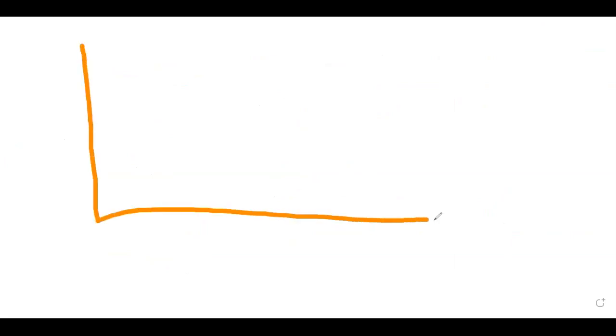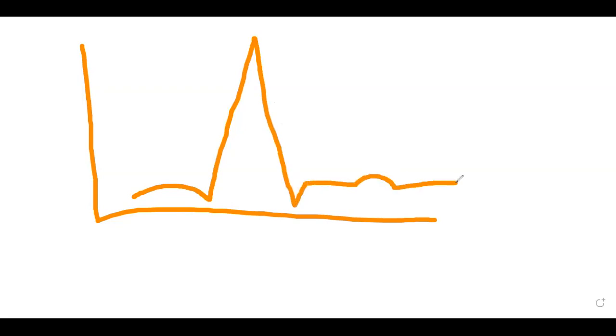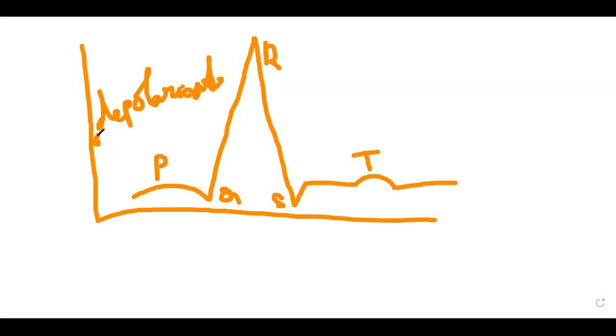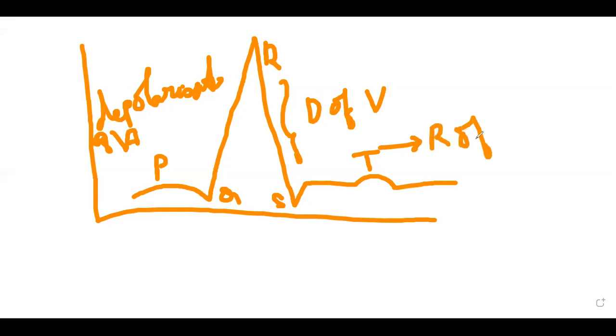Next, ECG. So this is called P, Q, R, S, T. P refers to the depolarization of auricles.